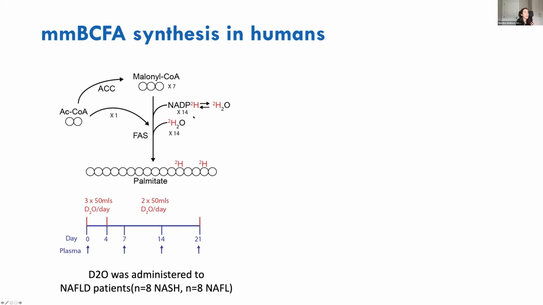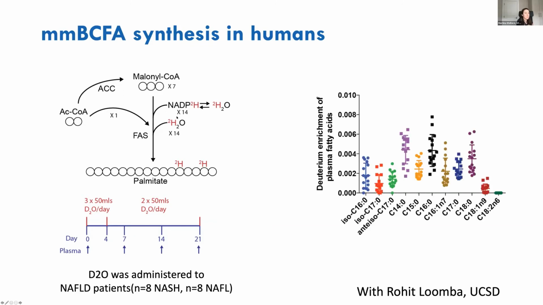As this heavy labeled water gets incorporated into new fatty acids as they're being made, directly from the water itself or from NADPH. So when we looked at the branched chain fatty acid deuterium incorporation, we could see that they were significantly enriched to a similar extent to that of other de novo made fatty acids. So this indicates that de novo synthesis was also playing a role in humans.